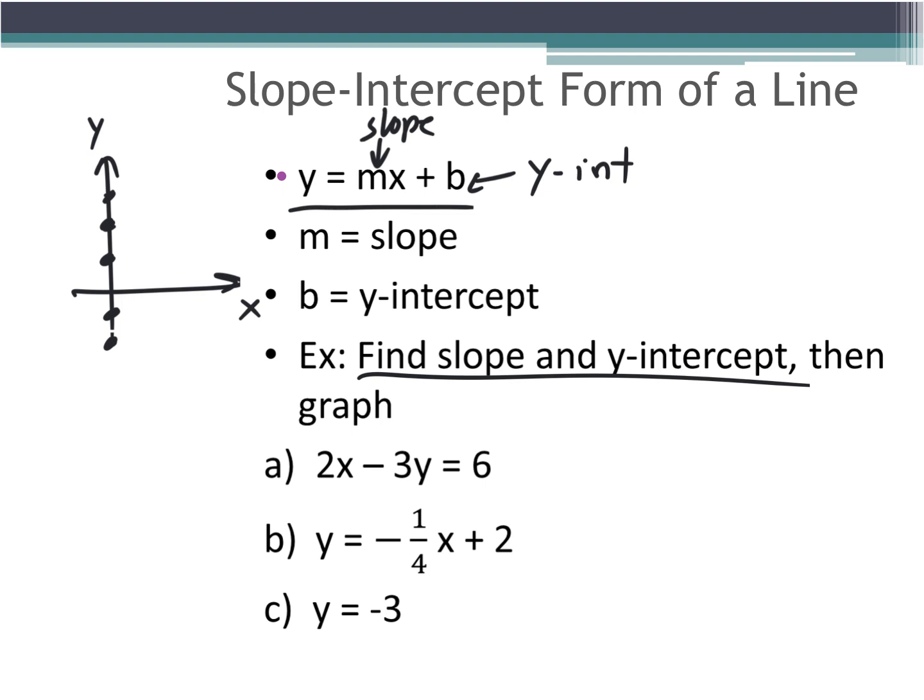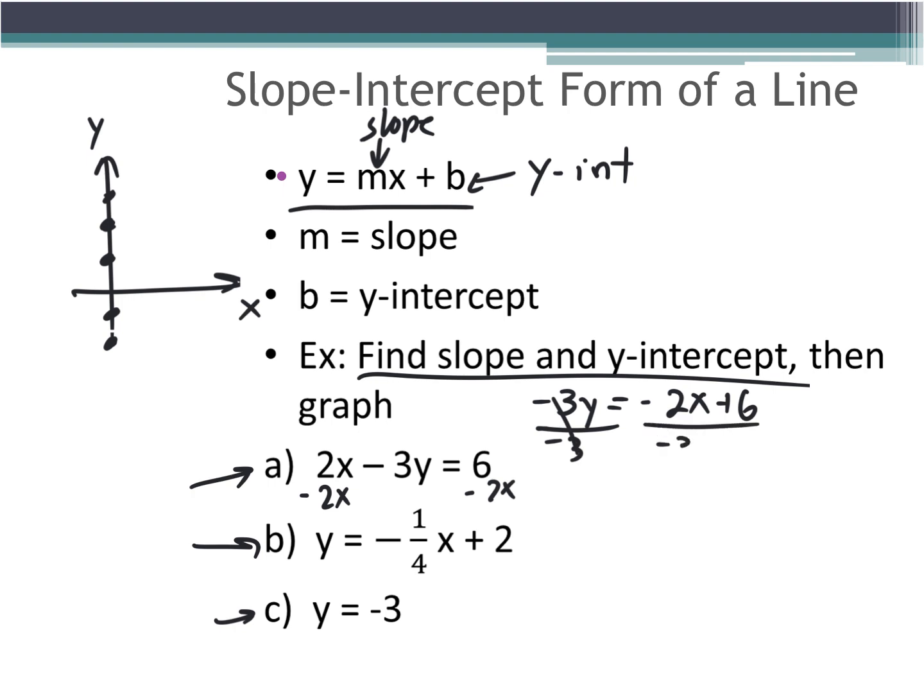Now in order to get the slope and the y-intercept, we can rearrange all three of these equations into slope-intercept form. So I'm going to go ahead and do that for A. I'm going to move that 2x to both sides, just subtracting it. Get -3y = -2x + 6. And go ahead and divide all of the terms by -3.